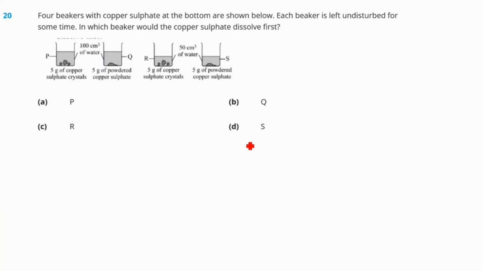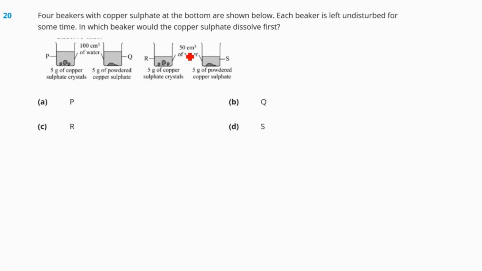Question number 20. 4 beakers with copper sulfate at the bottom are shown below. Each beaker is left undisturbed for some time. In which beaker would the copper sulfate dissolve first? Here we can see this is 5 gram of copper sulfate crystal, and this is P, this is Q, again 5 gram in each.